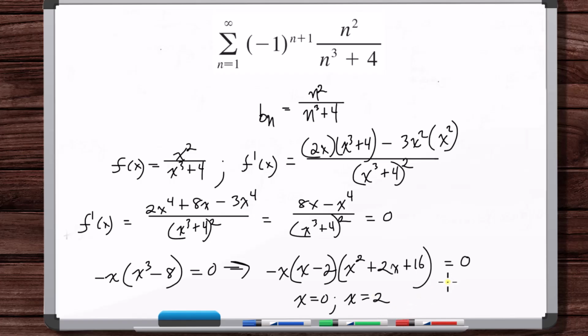So if we take the limit, well, actually, instead of taking a limit, let's plug in x equals 3. So 8 times 3 is 24. 3 to the fourth is 81.